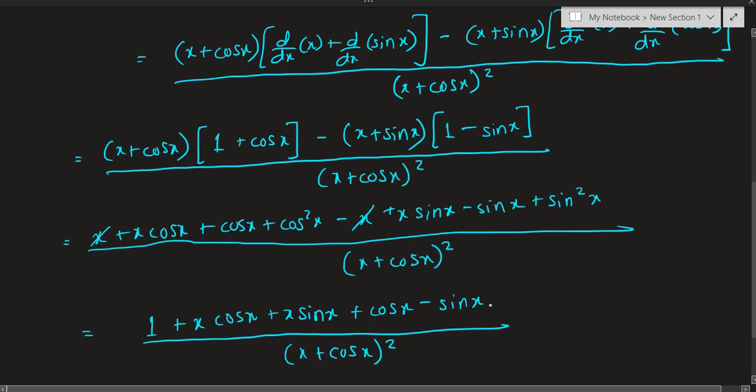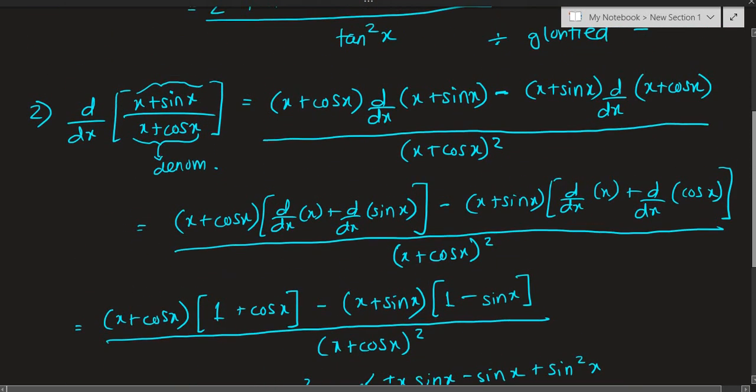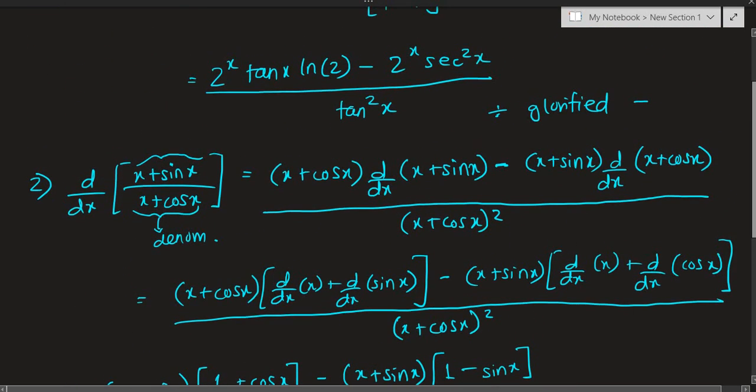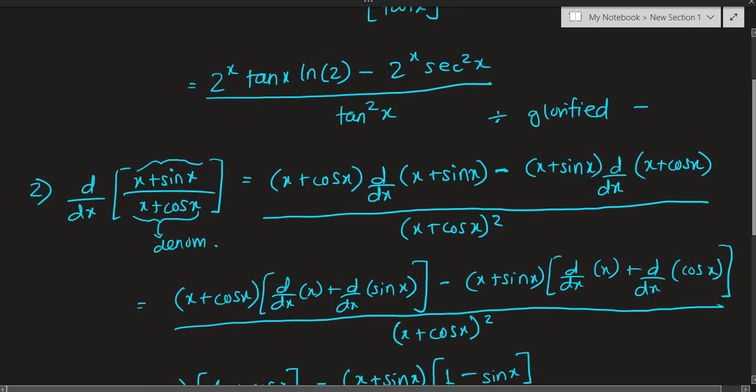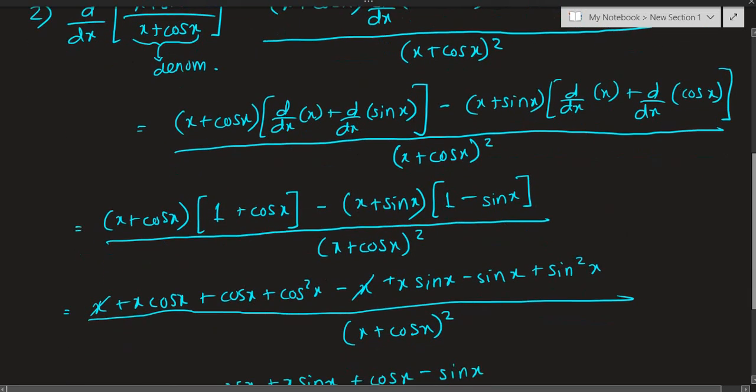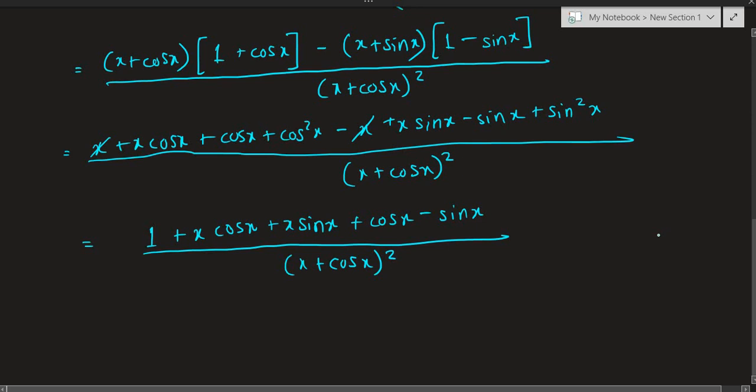So derivatives can tend to be bulky and messy and tedious because we have quotient rule, and you'll see in a while that chain rules can make them even bulkier and crazier.